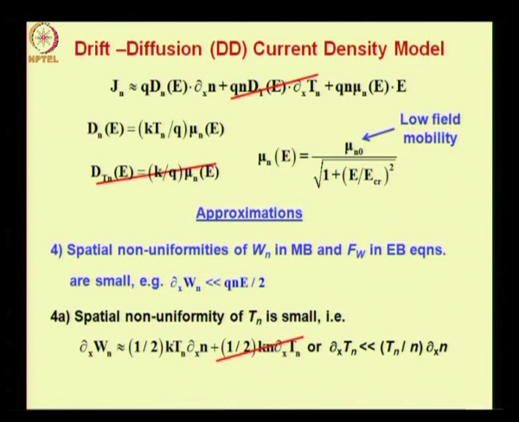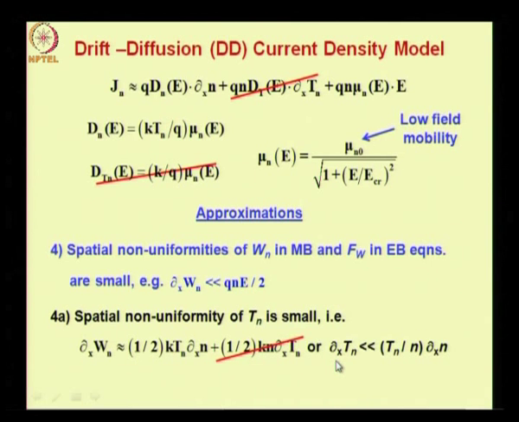The additional approximation that we are now making to get the drift diffusion model is that related to the spatial non-uniformity of the carrier temperature Tn. So, we say that spatial non-uniformity of Tn is small, that is, this term in the gradient of the kinetic energy, which depends on the temperature gradient, is neglected.